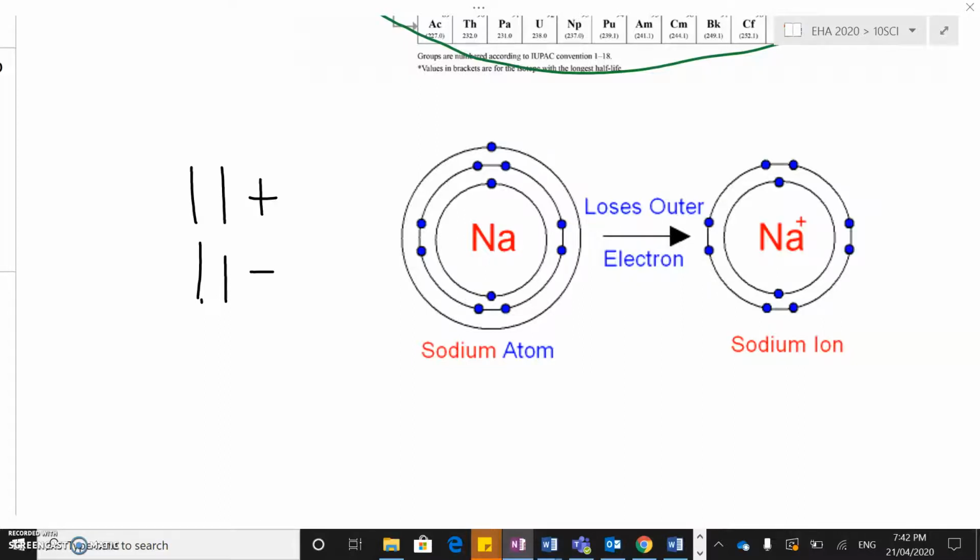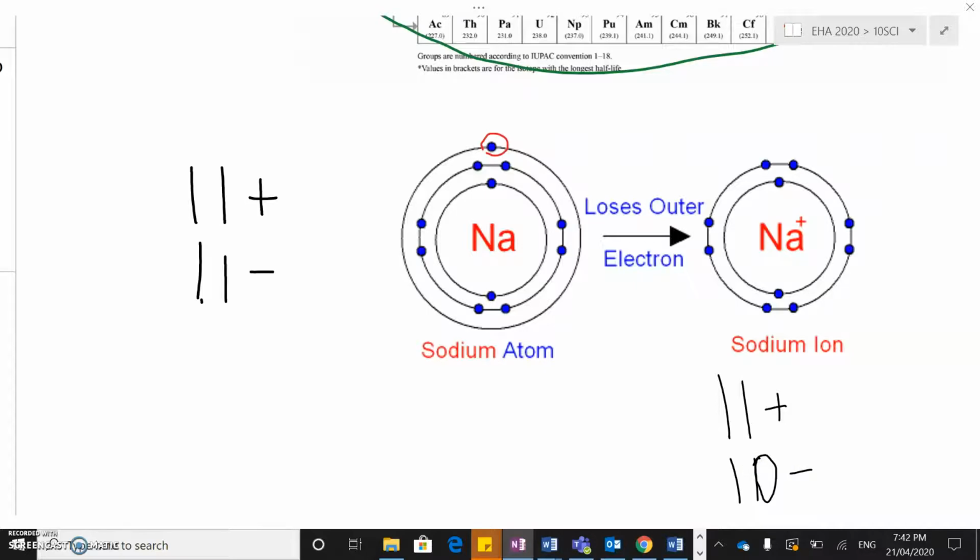But for the sodium to be happy, it very easily can lose this little lone electron in that outer shell. When it gets rid of that, there's a shift from 11 protons to 10 electrons.